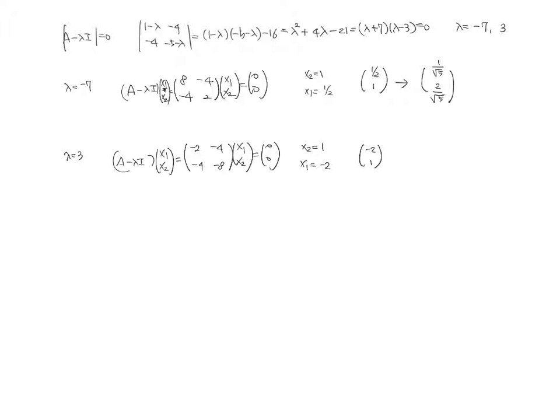For instance, plus or minus 1 over square root of 5 times negative 2 and 1 will be an orthonormal eigenvector, an eigenvector of length 1, and that will be orthogonal to the previously found eigenvector.